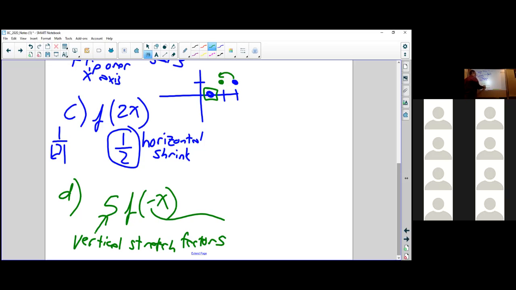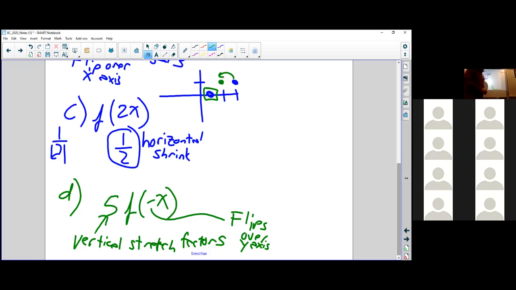This negative inside flips it over the y-axis. So basically it does this. I don't know if you can see my thing. If we had a graph like this, the flip over does this. I'm sorry, I'm not going to flip this way to show you the vertical flip.